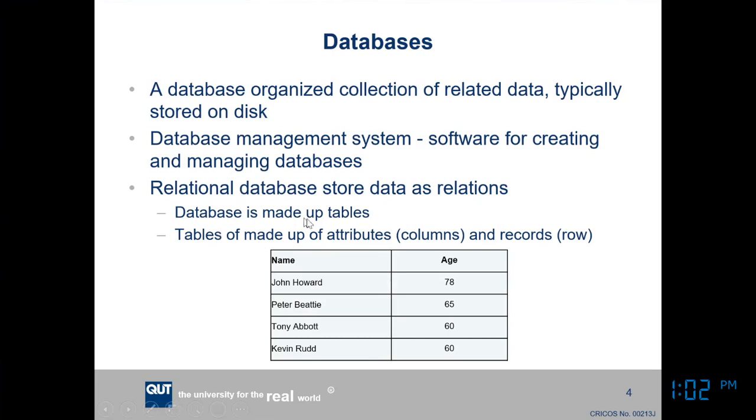We have names and we have attributes relating to some other kind of attribute. So the name John Howard is associated with the age 78 and so forth, and you can have as many different attributes as you want in a particular table, as many as makes sense for this particular domain.